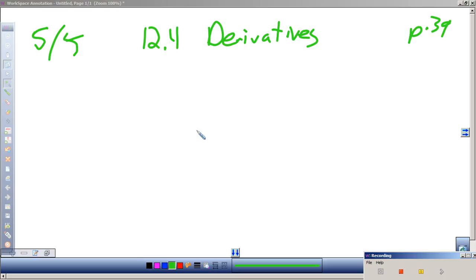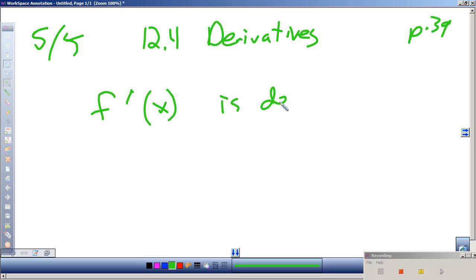There's a few rules that you're going to know for doing those. So first, some symbols. This is a symbol we use for derivatives. Read it f prime of x, or the first derivative of f. If you want the second derivative, you do f double prime.